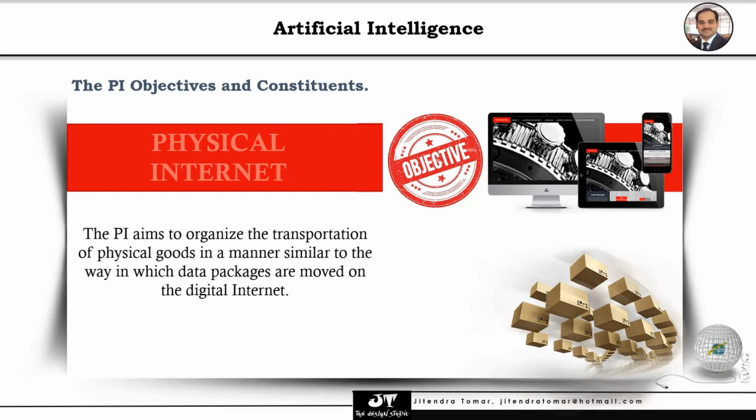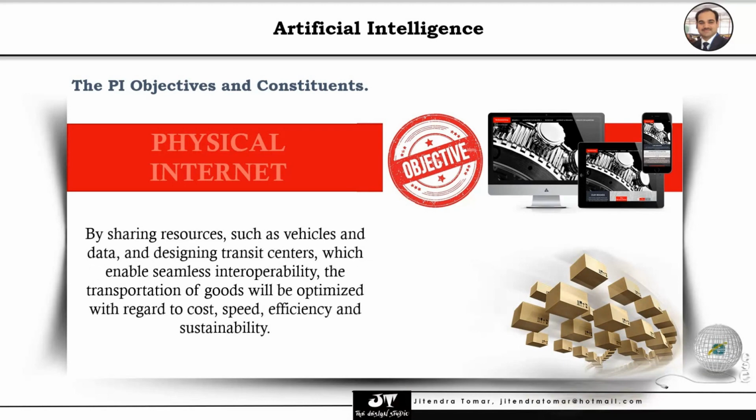The main PI objective is to transform the way physical objects are handled, moved, stored, realized, supplied, and used, aiming towards global logistics efficiency and sustainability. The PI aims to organize the transportation of physical goods in a manner similar to the way in which data packages are moved on the digital internet.